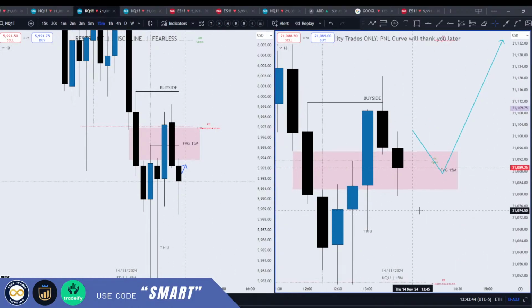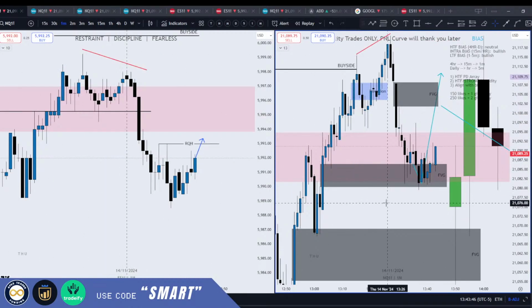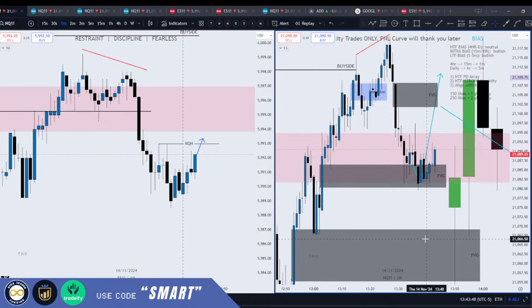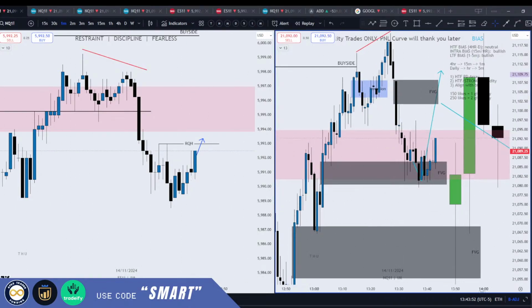I'm watching the close very carefully. That's how I anticipate price action. We're looking for open, close, next candle open. So we're running out of time here. Get this push here.